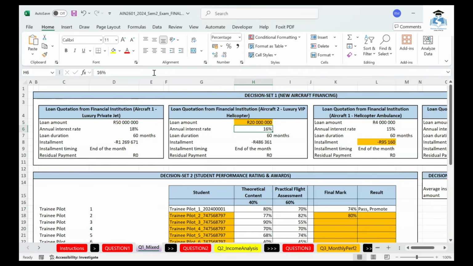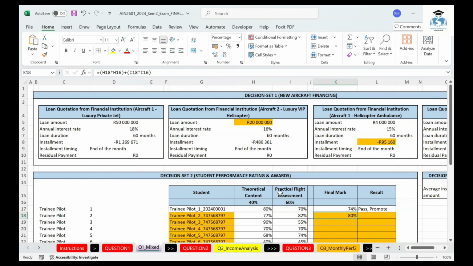Then when we calculate the PMT, the monthly payment, we start with an equal sign and say PMT. Now here is the final mark. The final mark is just the addition.